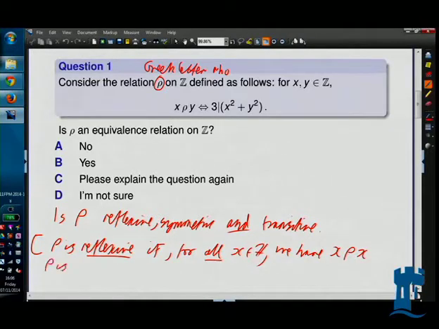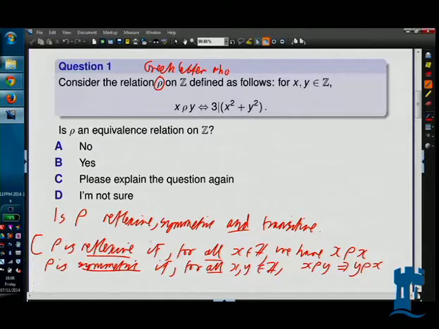Rho is symmetric if for all x and y in Z it's true that x is related to y implies y is related to x.